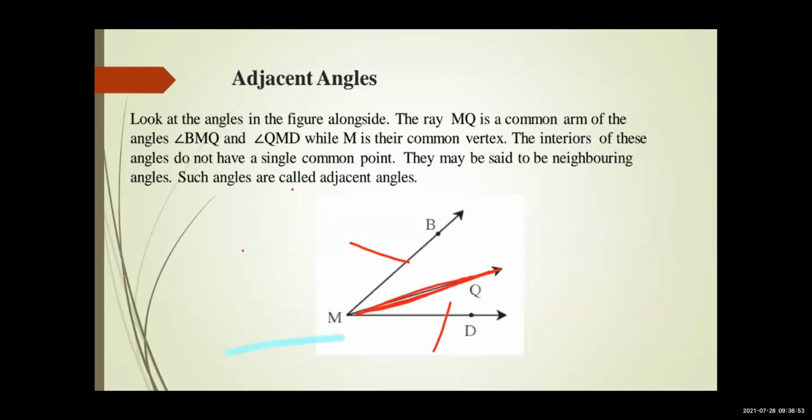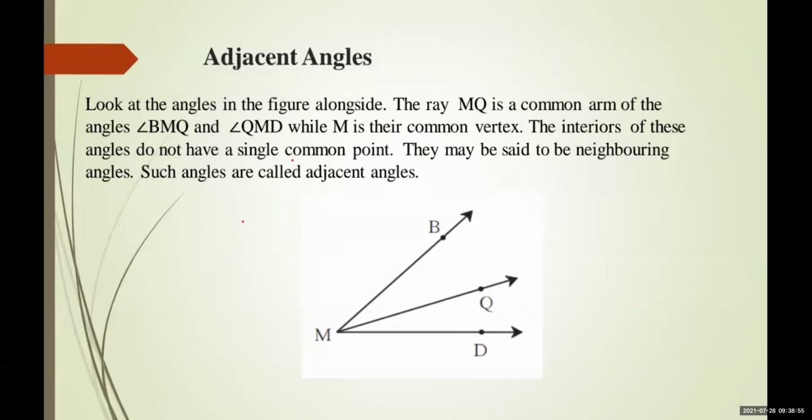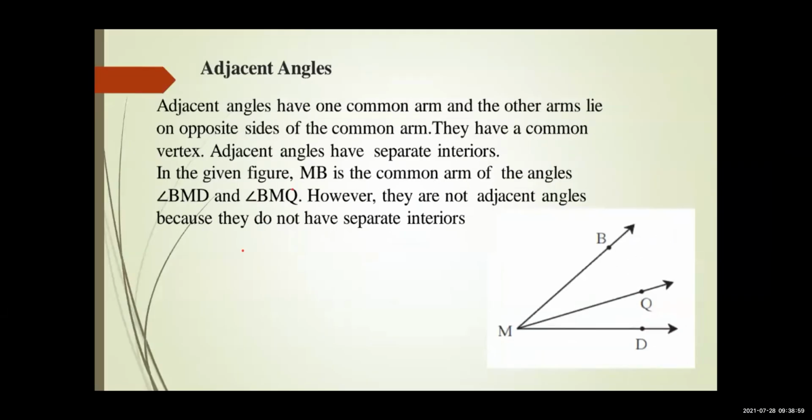Now let's see more points regarding this. Adjacent angles have one common arm, and the other arms lie on opposite sides of the common arm. Here this is one common arm, and the other arms lie on its opposite sides.